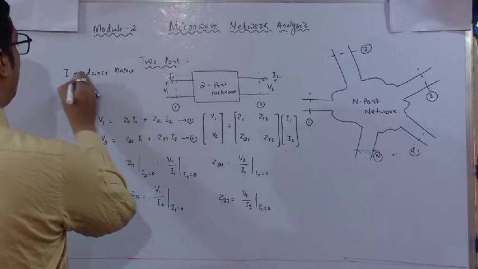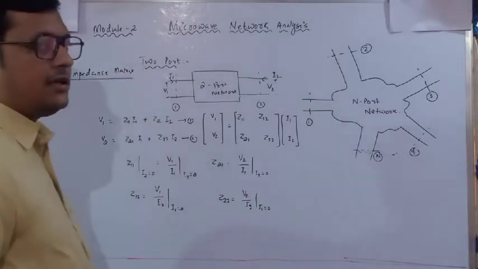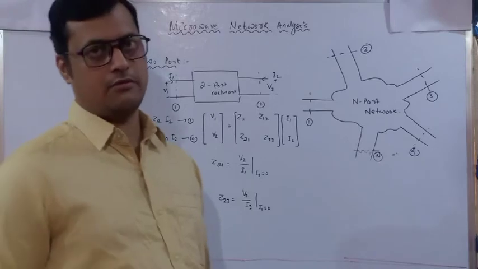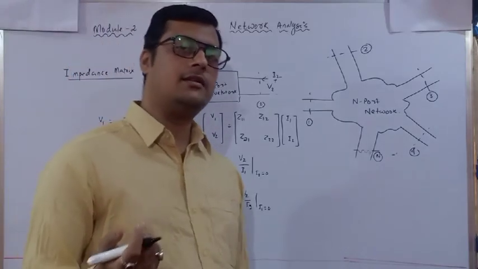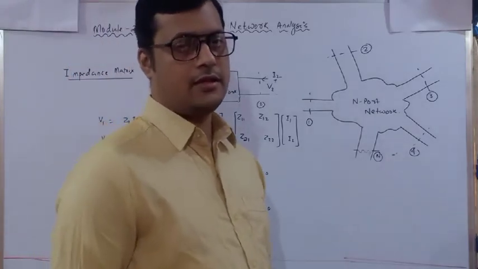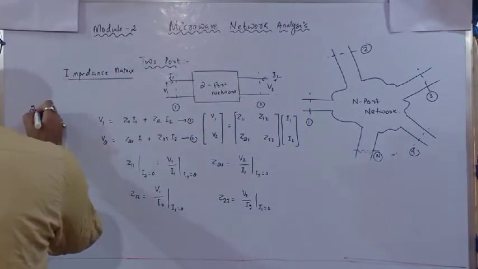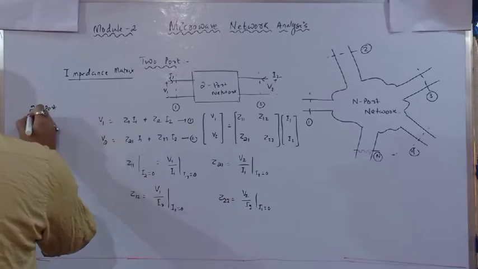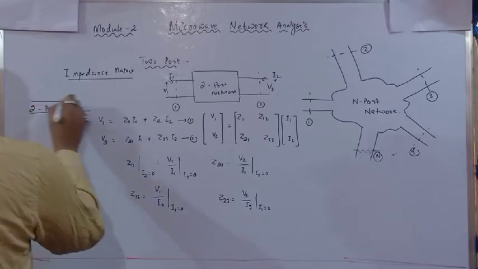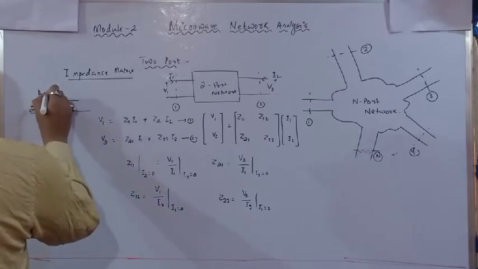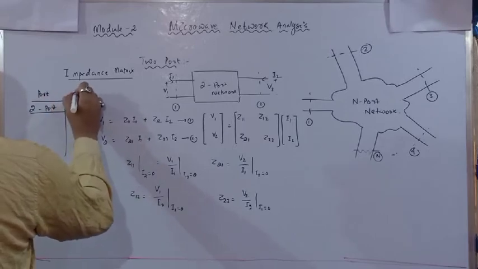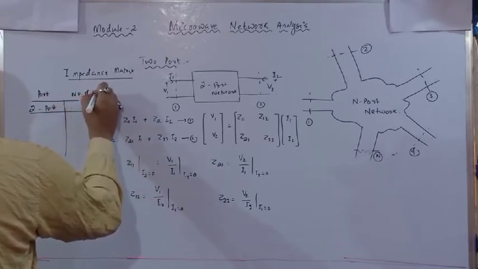matrix for a two-port network. Similarly, you can discuss it for a 3-port network, and similarly for a 4-port network. But if I make a table, here the number of ports and here the number of parameters.